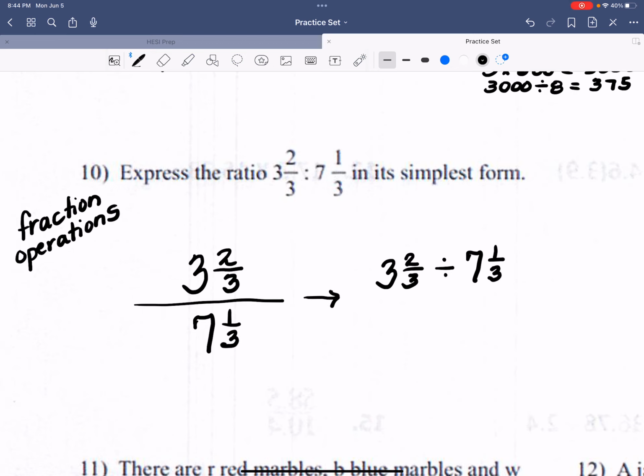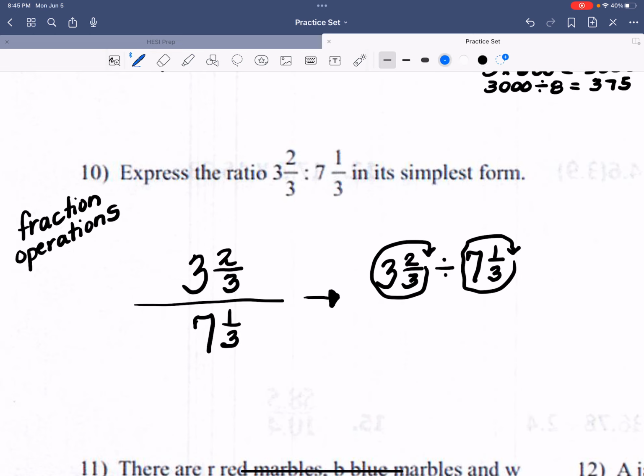Now we are going to cover this a few pages later. So again, if you're not comfortable here, just skip it and come back to it another time. You'll be fine. But if you are comfortable with fractions, or after you've done the fractions with me, here's what we would do.